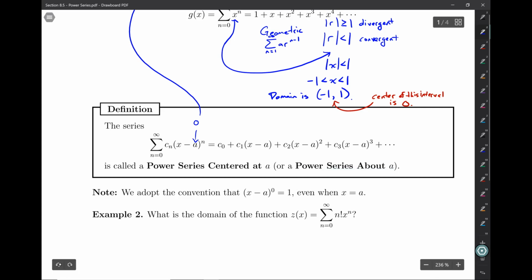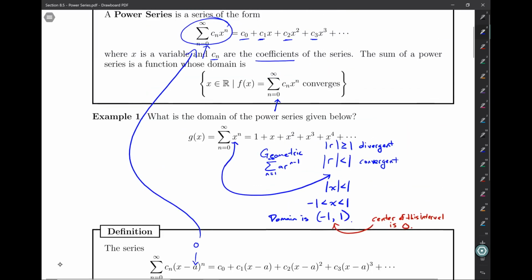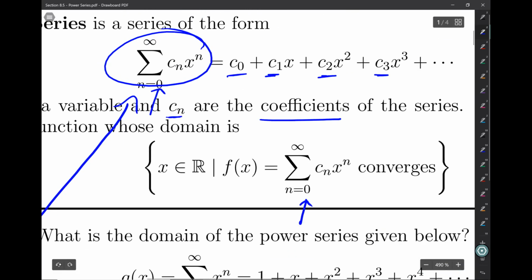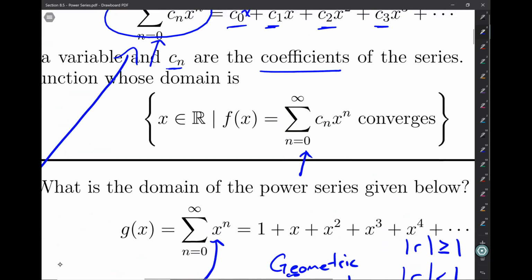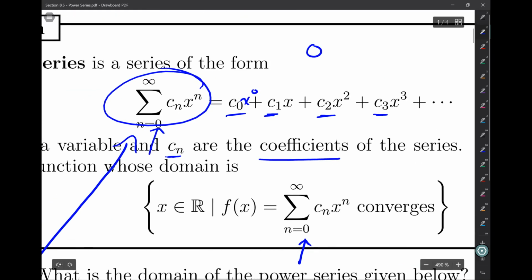Now, one other thing that we actually need to make sure that we understand is that up here we're looking at c sub 0 as being the coefficient for x to the power of 0. And we also know that numbers raised to the power of 0 are typically just 1. But something that we haven't ever really talked about is what happens if you get 0 to the power of 0.